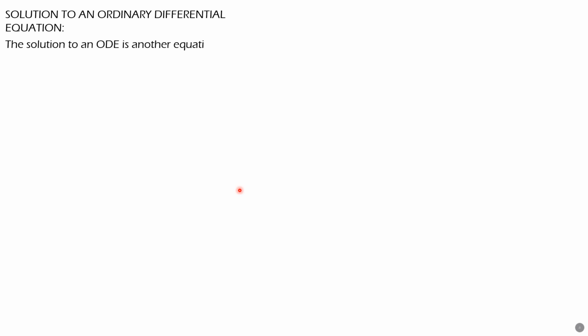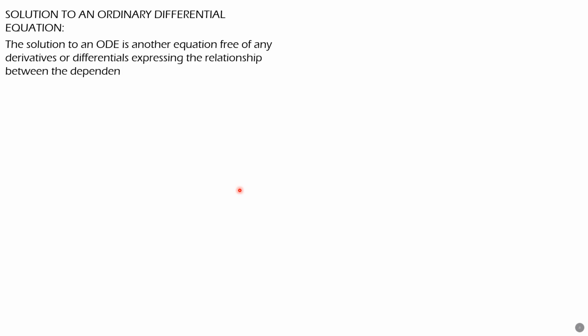So let's proceed to the solution to an ordinary differential equation. The solution of an ordinary differential equation is another equation, free of any derivatives or differentials, expressing the relationship between the dependent variable, which is usually y, and the independent variable, which is usually x, and which, when substituted into the equation, reduces it to an identity.